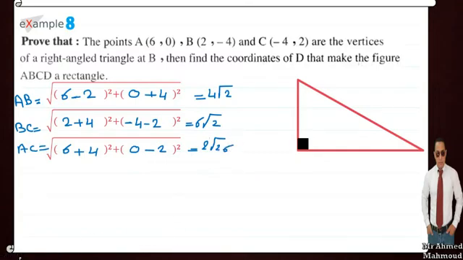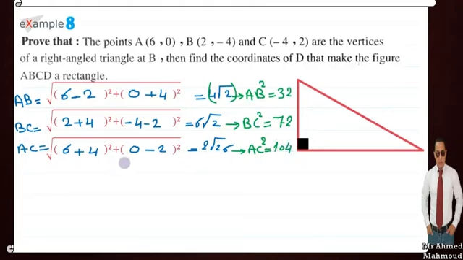Okay, now I will square the three sides like this. AB to the power of 2 means 4 square root 2 to the power of 2, which is equal to 32. And BC to the power of 2 equals 6 root 2 all to the power of 2 equals 72. And AC to the power of 2, which is 2 root 26 to the power of 2, equals 104.